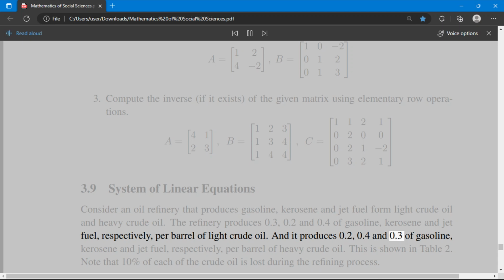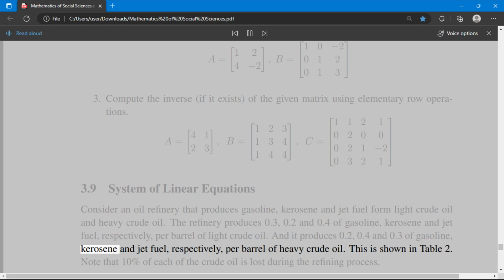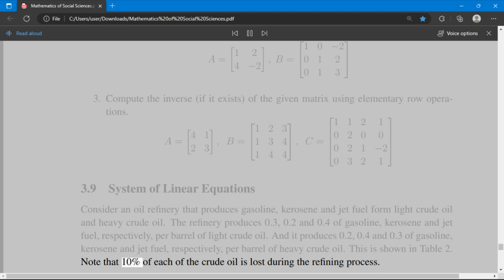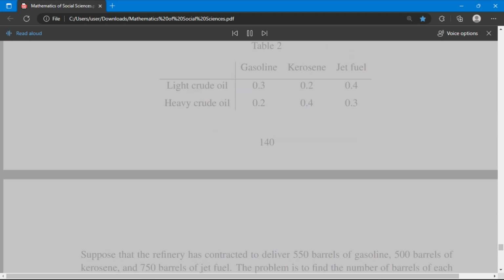And it produces 0.2, 0.4, and 0.3 of gasoline, kerosene and jet fuel, respectively, per barrel of heavy crude oil. This is shown in Table 2. Note that 10% of each of the crude oil is lost during the refining process.